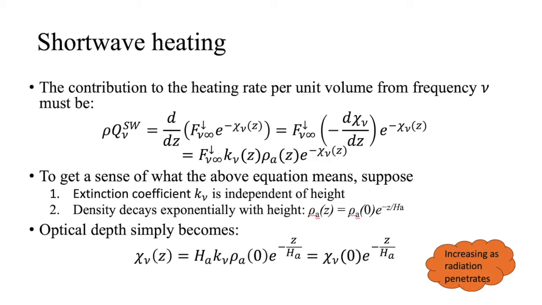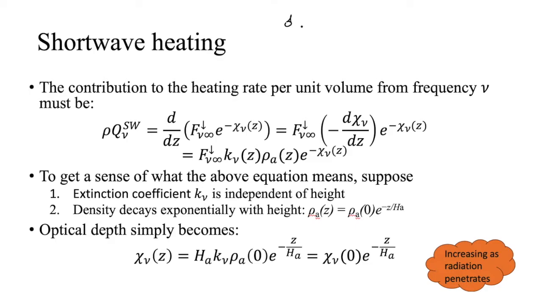Well, the heating rate is simply given. Let's get rid of the density and multiply it in front here. The density times heating rate is simply the derivative of the net irradiance, which was this constant term, which we can take out of the derivative, times the derivative of e to the minus chi nu.